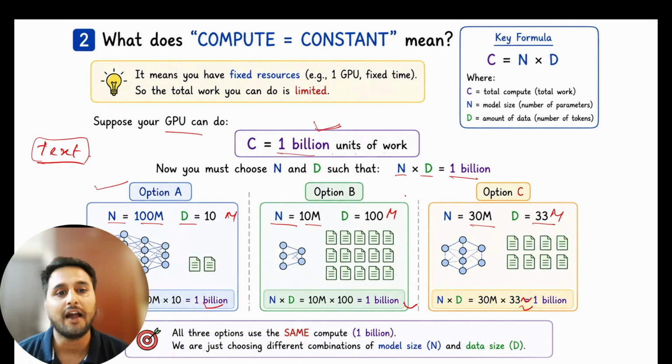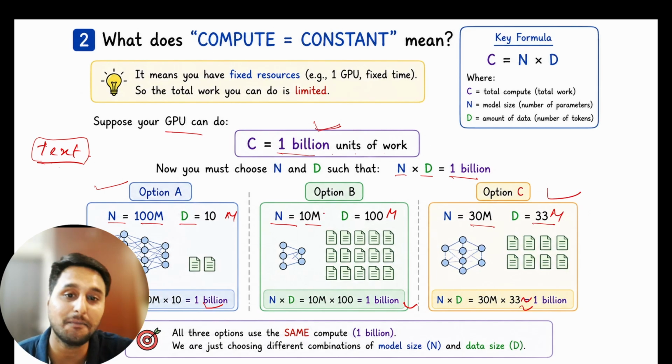So I hope you all agree that option C is very much more reliable. Option C is much better than options A and B. In option A, our model will overfit. It memorizes the small amount of data, and it will perform very poorly when unseen data is given to the model. In option B, there is a case of underfitting.